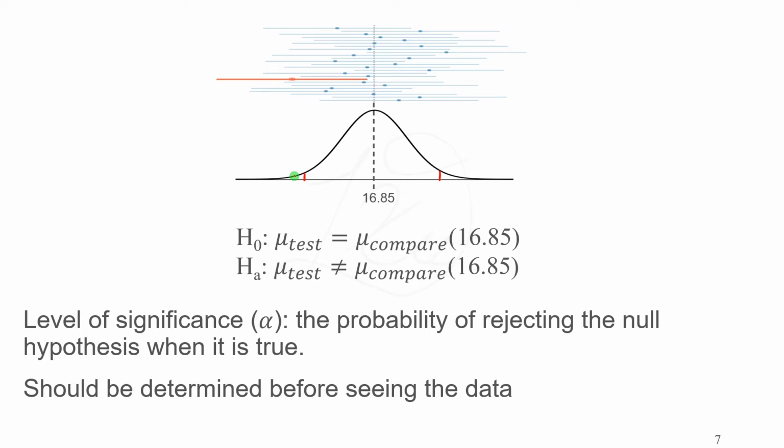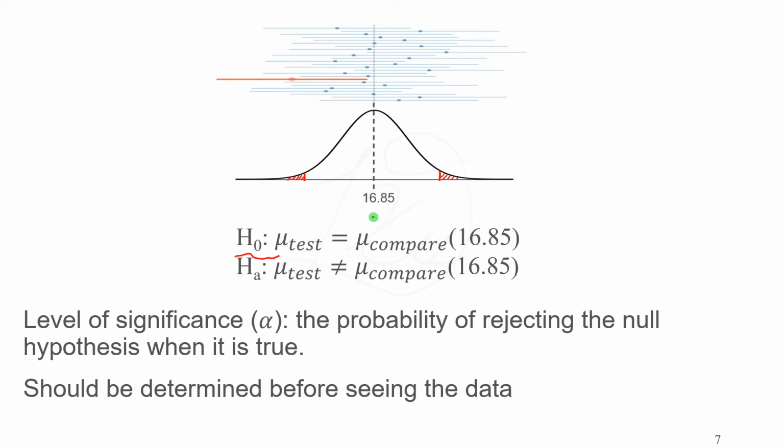We know that the possibility is represented by the shaded area here and here. The probability of these two areas is 5%. Once we get values smaller than this value or larger than this value, we can reject the null hypothesis because the chance of getting such a sample average is so low, only 5%.